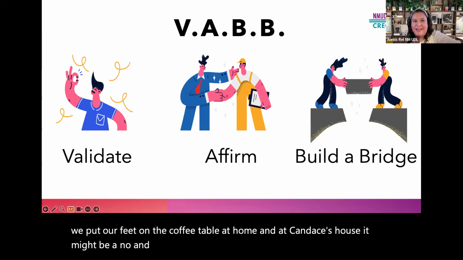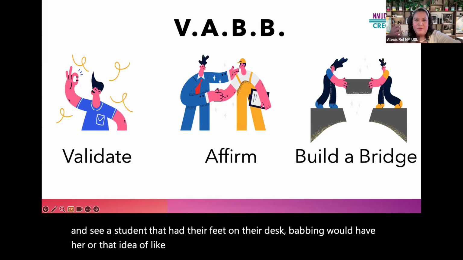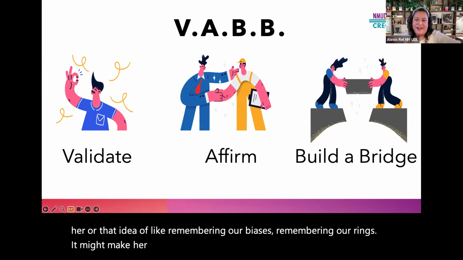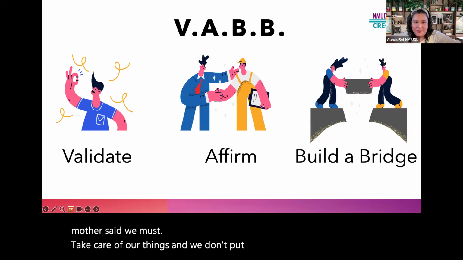If she were in a classroom and she were to look up and see a student that had their feet on their desk, babbing, that idea of remembering our biases, remembering our rings, might make her go, this is the culture that I grew up in, where my mother said we must take care of our things and we don't put our feet on the table.